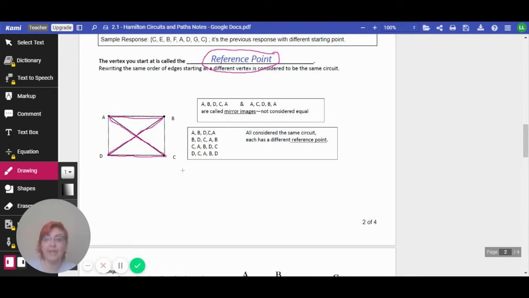We always go from A to B, from B to D, from D to C, from C to A.